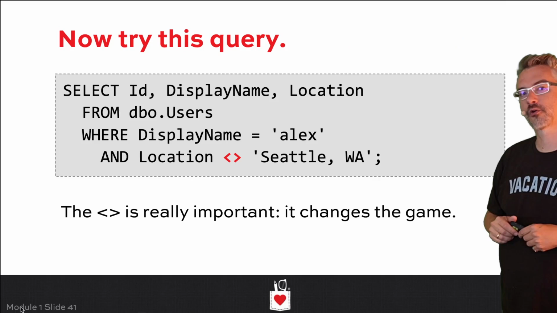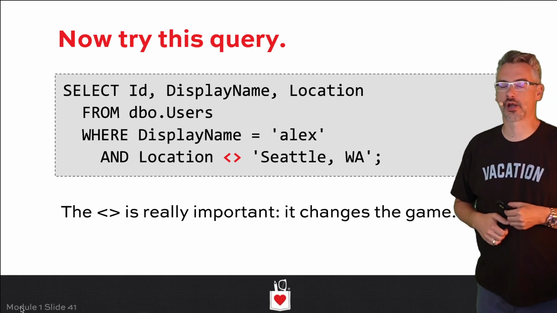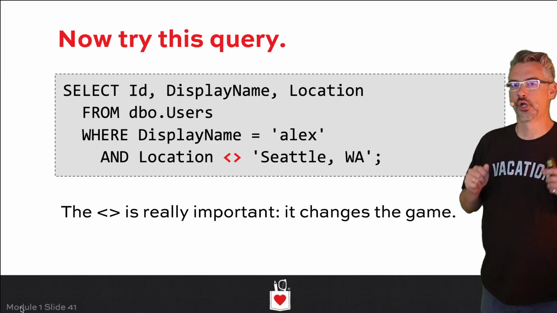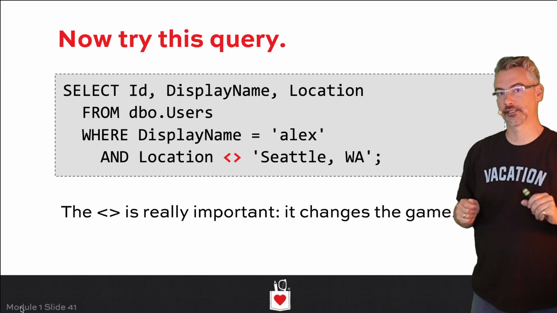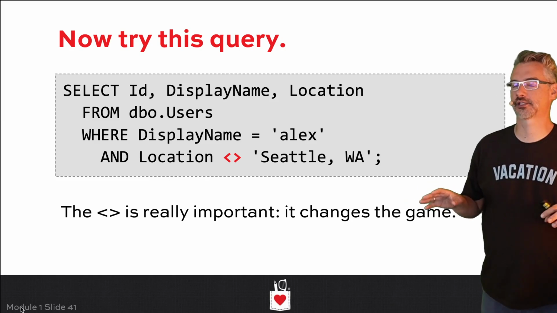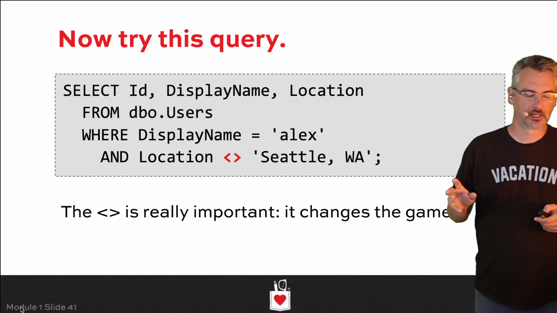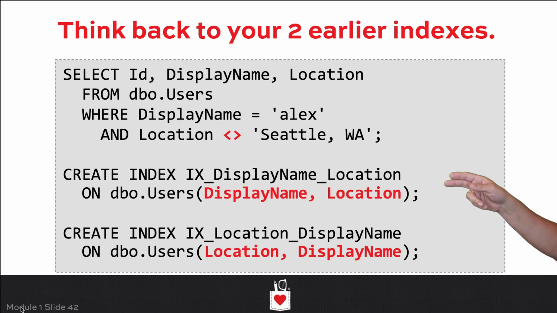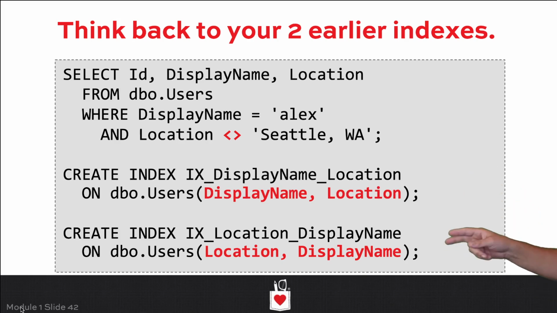Let's start with an inequality search that we can all agree on. Show me all of the Alexes who do not live in Seattle. I'm looking for anyone other than Seattle. Think back about how we're going to execute this with the two indexes that we had earlier. We had one index that started with display name and another that started with location.